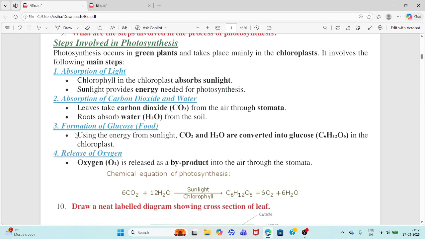Third step, formation of glucose. Using the energy from the sunlight, carbon dioxide and water are converted into glucose, C6H12O6, in the chloroplast. Fourth point, release of oxygen. Oxygen (O2) is released as a byproduct into the air through the stomata.